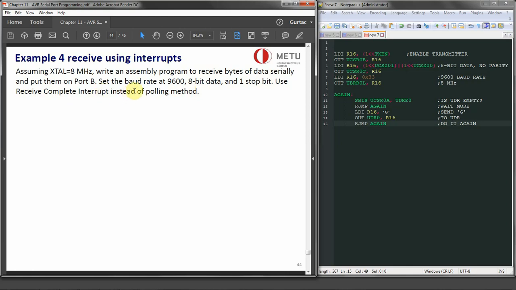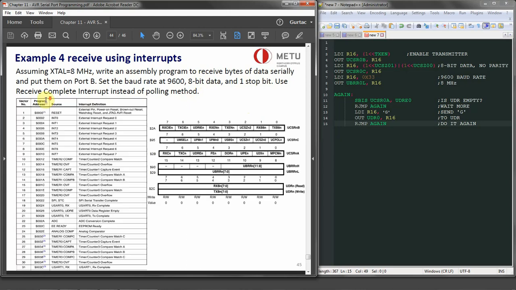Okay, so the only difference from what we have done is we want to receive compared to transmit, so we have to change UCSR0B to receive, and then the baud rate is still the same, and the port has to be still the same because we are using 8-bit data and 1 stop bit over there. And the only difference is we have to use receive complete interrupt instead of the polling.